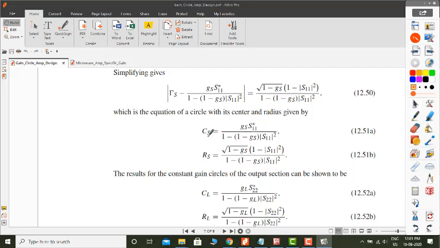CS is the center of the constant gain circle at the source side, and RS is the radius of the constant gain circle at the source side. CS is a complex number, whereas RS will be a real number. Similarly, for the output section, CL is the center of the constant gain circle at the load end, and RL is the radius of the constant gain circle at the load end.